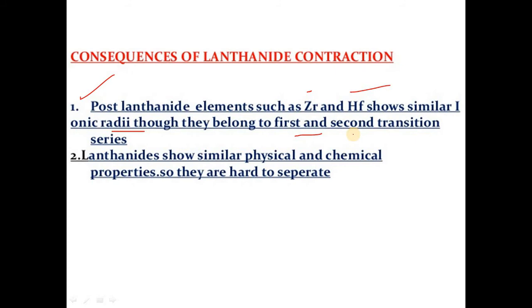Because of lanthanide contraction, all these post lanthanide elements show the same properties. Lanthanides show similar physical and chemical properties, so they are hard to separate. We cannot separate these lanthanides from each other easily.